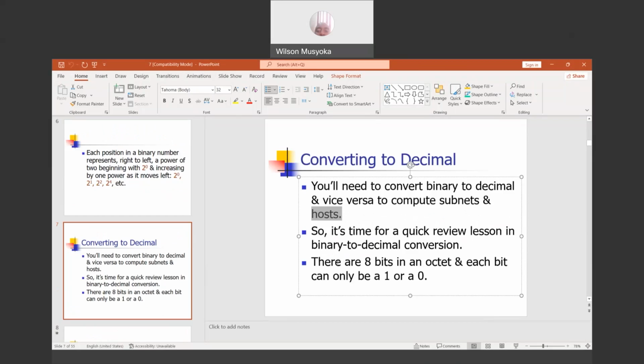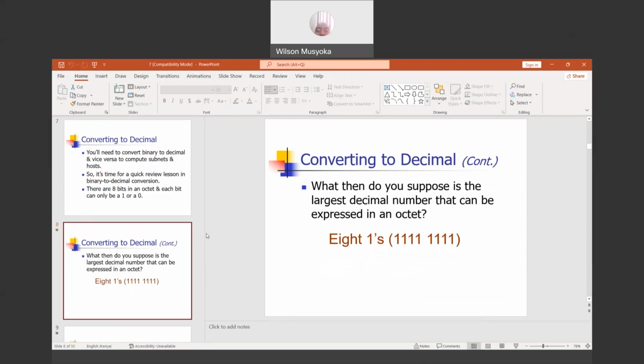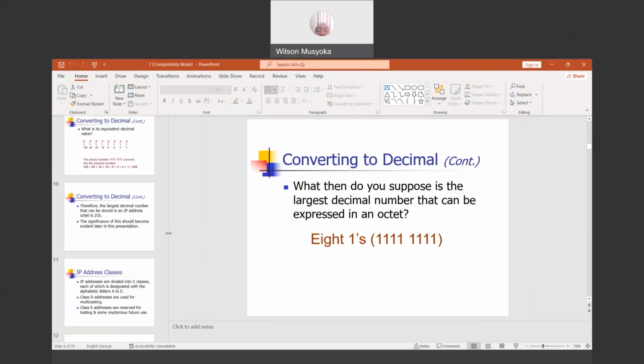We know that, in an octet, we are going to have 8 bits, and each bit can either be a 1 or a 0. And that is where we start by understanding the ones and zeros. So if we have the entire octet having ones, what is going to happen?